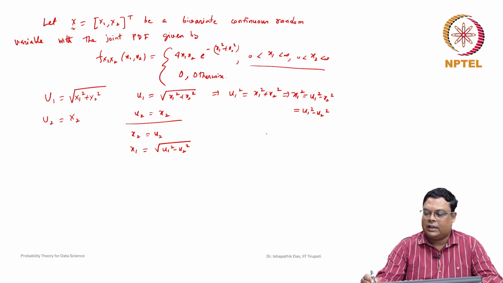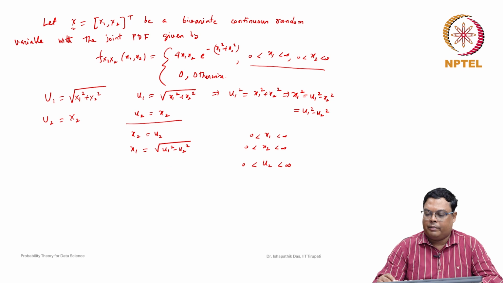Now, we already know this density function is non-zero in this range: x1 is greater than 0 and less than infinity, and x2 is greater than 0 and less than infinity. Since x2 is u2, u2 has to be greater than 0 and less than infinity. In this range of the transformed random variable, what about u1?